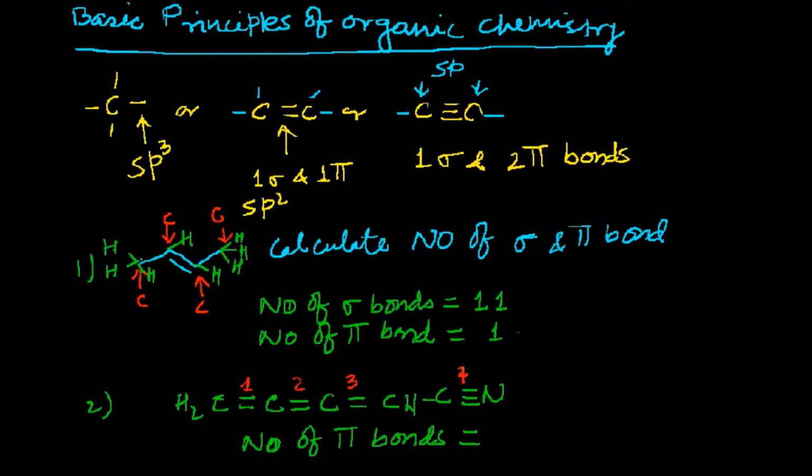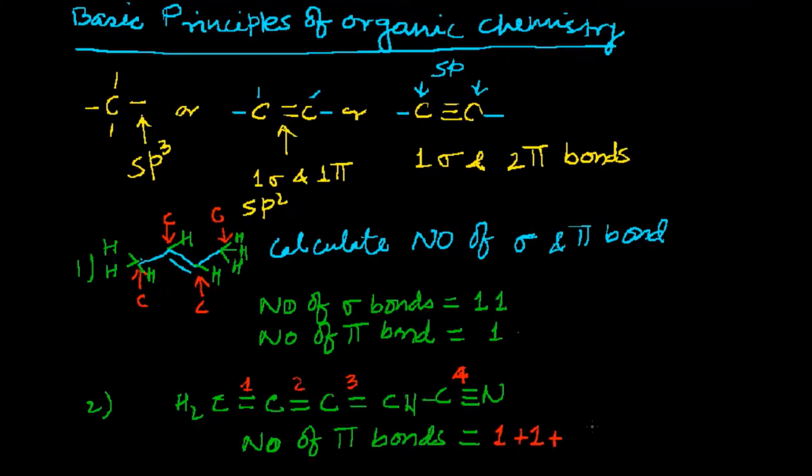And in this case it is again a multiple bond, so in these 4 situations we will have a pi bond, and therefore we can count the number of pi bonds in this. In the first case it has only 1. In the second case it has again 1 pi bond.